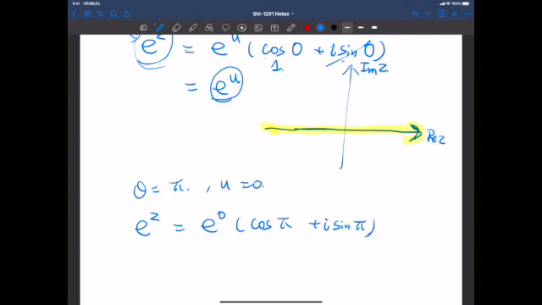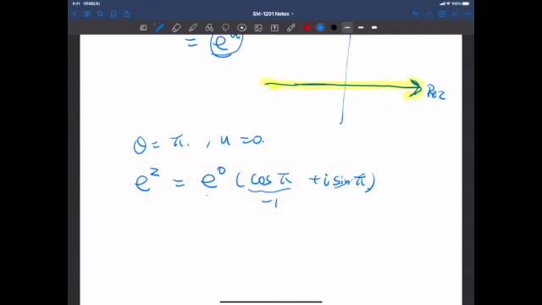But sine pi is 0 and cosine pi is negative 1, and exponential of 0 is 1, and z is, in this case, just i pi. Right, so e to the power of i pi is equal to negative 1. So this is a very famous equation.